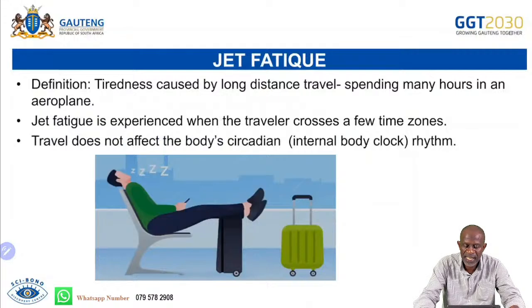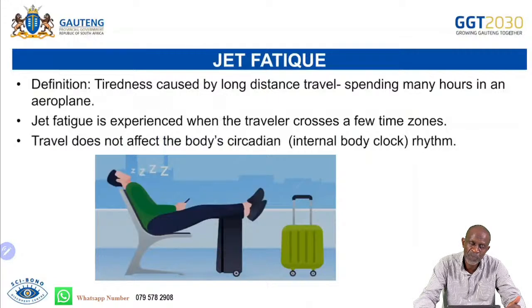The difference is that for the other one, you need to cross many time zones, and the many time zones here is not defined. It was just many time zones. But to differentiate between the two, you need to cross more than 3 time zones to have jet lag. With jet fatigue, you cross 1 or 2 time zones, then you'll experience jet fatigue.